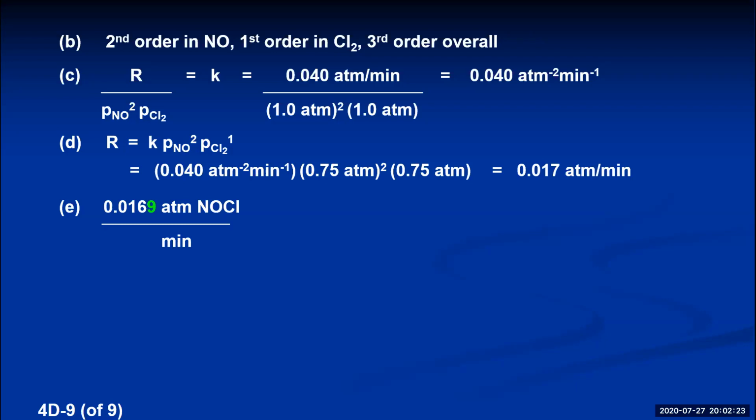I can now determine the rate of the reaction with respect to any other reactant or product by just multiplying by the mole ratio in the balanced equation. And between NOCl and Cl2, it's a 2-to-1 ratio. So 2 atmospheres of NOCl will be equivalent to 1 atmosphere of Cl2 in the reaction. And this comes out 0.0084 atmospheres of Cl2 per minute as the rate of the reaction with respect to chlorine.